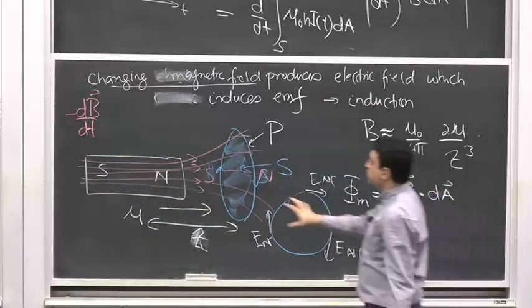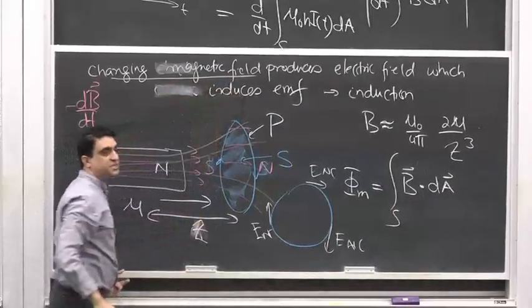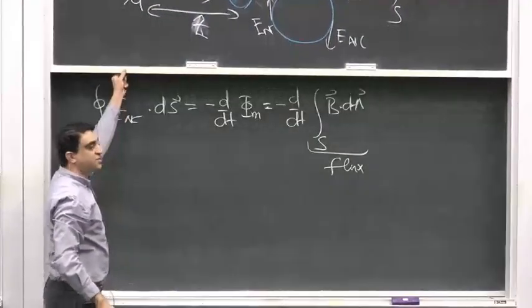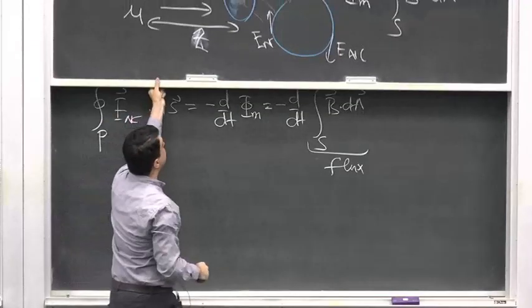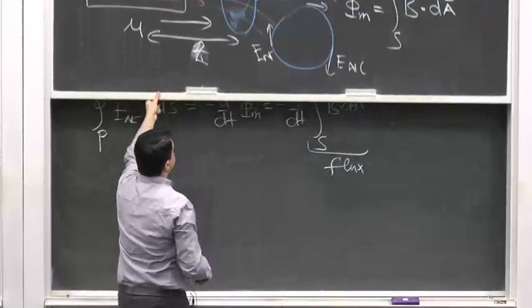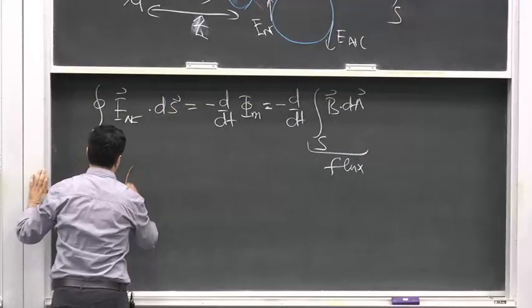Okay. What's important is that you should have a changing magnetic field, which you can also have, for example, if you have a coil.